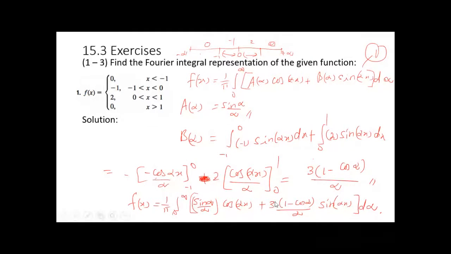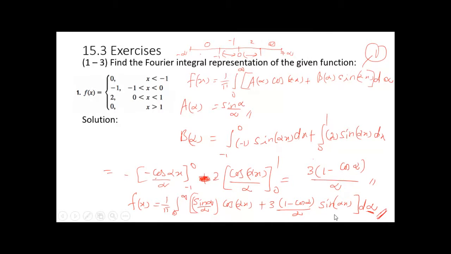That's all. We can simplify the term inside the integration if possible. 1 by alpha is common, but it cannot come out of the integration because the integration is with respect to alpha. The integration variable is alpha, so it's not a constant. So alpha should stay inside the integration. Otherwise, you can stop here.